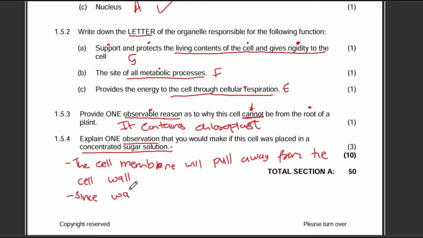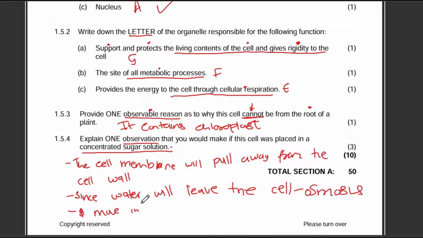Since water will leave the cell, it will pull away, and that water will be leaving the cell. This is obviously osmosis, and this water will move into the concentrated solution, and this is because of the concentration gradient.